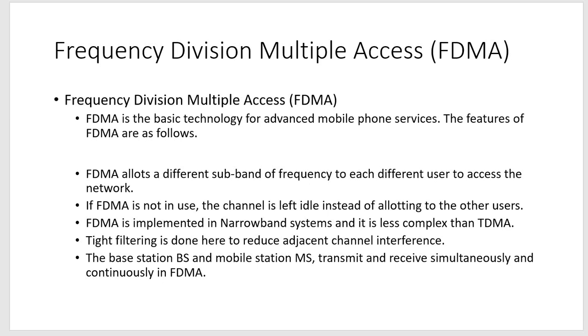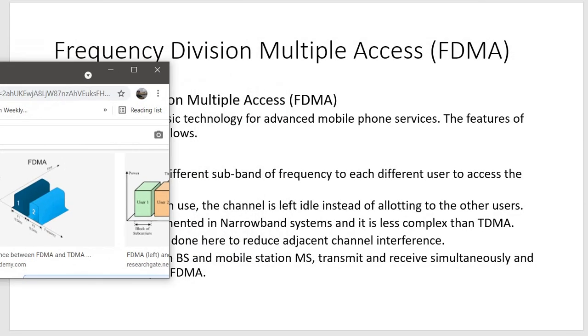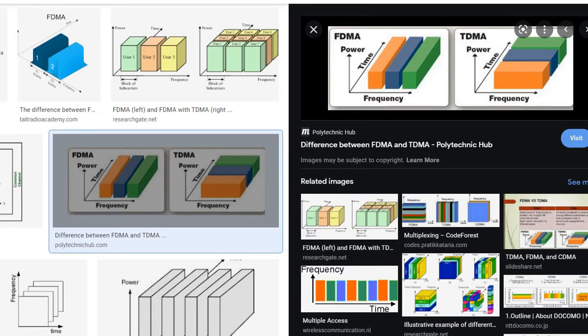Let's see here in this frequency division multiple access, here we have a time, and here we have different types of frequency from the maximum bandwidth.